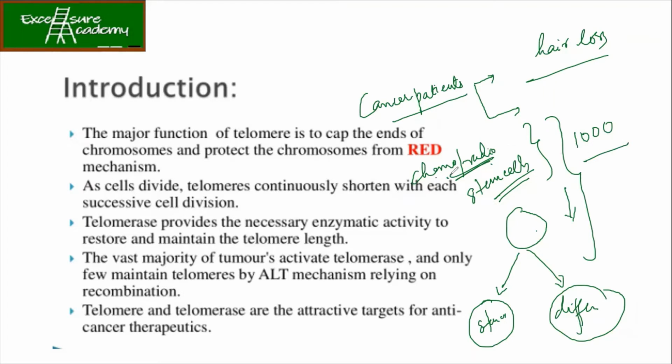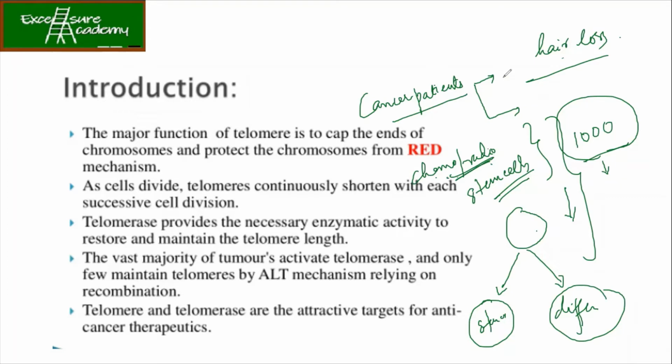But because of chemo and radiotherapy, these stem cells are going to decrease. Because of that, hair loss happens not only from the head but all over the body, wherever you have hair stem cells. They start dying, and that's why there will be complete loss of hair from the entire body. Okay, that's the basic point here.